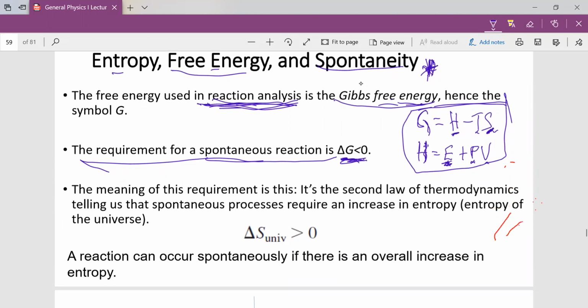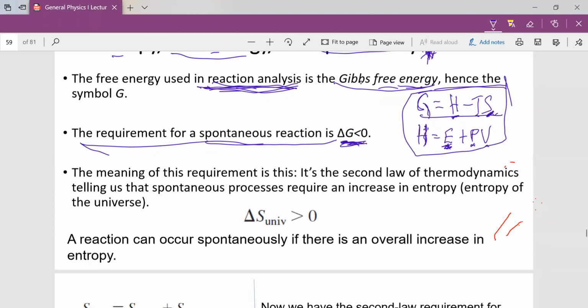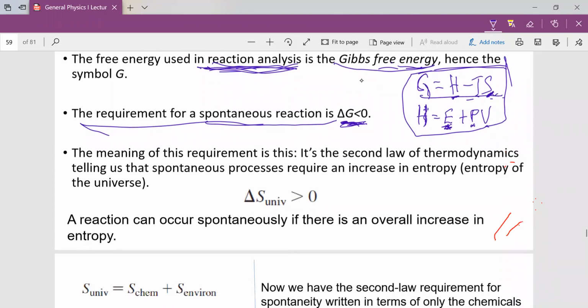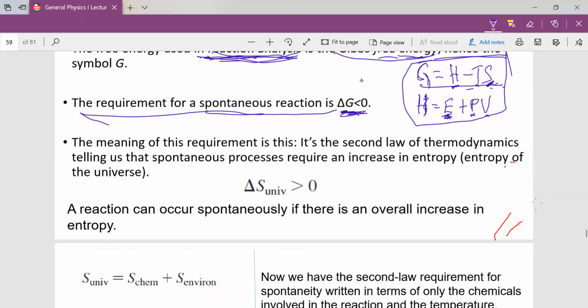And if G is less than 0 given this equation, it simply means that to make it less than 0, the parameters on this side have to go high, right? So by the second law of thermodynamics, the process of spontaneity tells us that this will require an increase in entropy. And when we say increase in entropy, we are talking about an increase in the entropy of the universe.